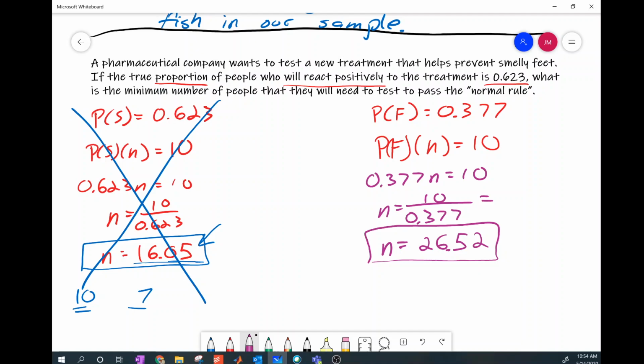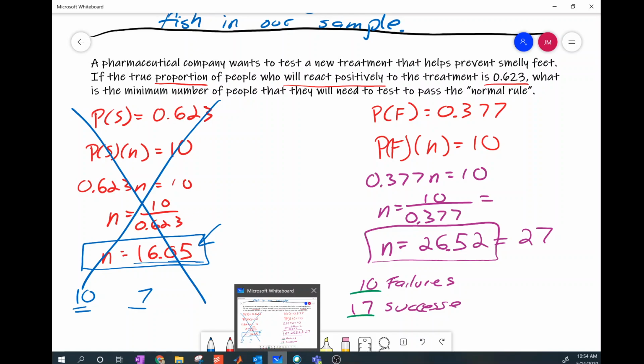Now this one is going to work because I will have 10 failures. And again, we will round this up, and 17 successes. Since they're both 10 or greater, we know this is a good amount.